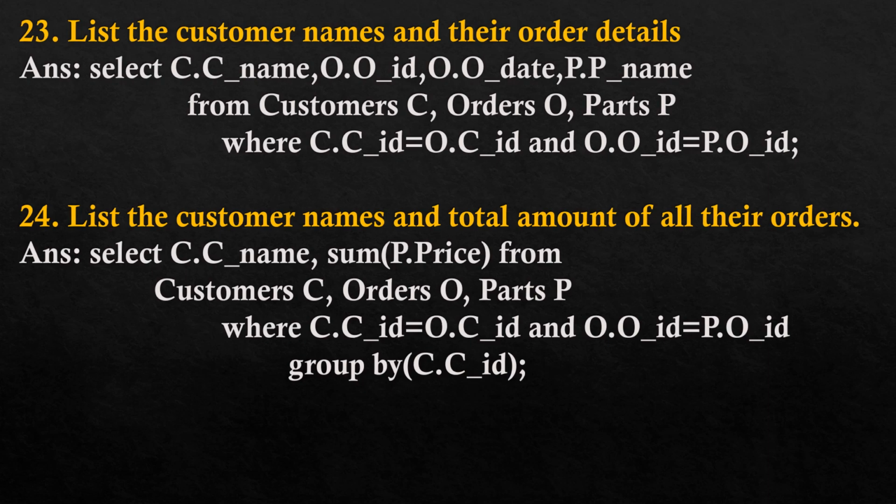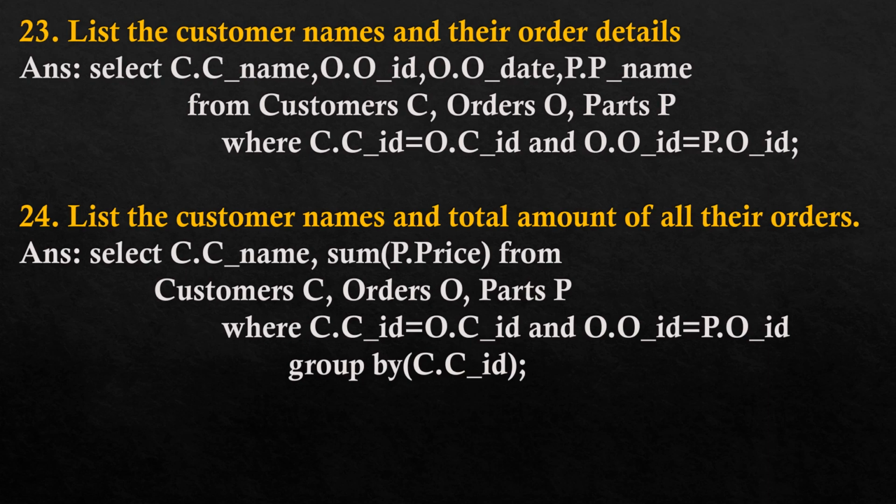That means customer ID from the customer table is equal to customer ID of the orders table, and O.OID is equal to P.OID. That means OID of the orders table is equal to OID of the parts table. So these are the two conditions which are used to join all these three tables.